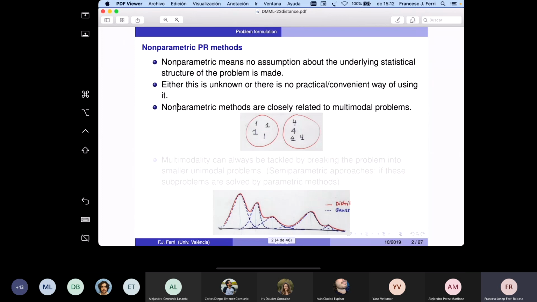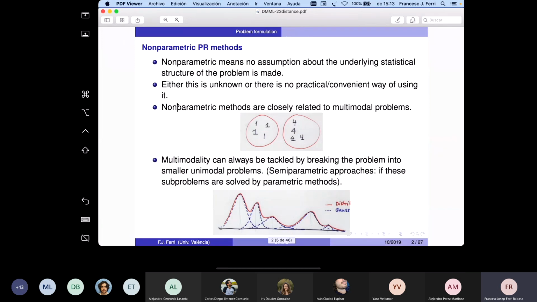Each of the classes has several modes corresponding to the different ways in which we can write each of the two digits. Okay, we are simplifying the problem. We are drawing the distributions in one dimension, and this is nothing but a toy example. But this is the idea.